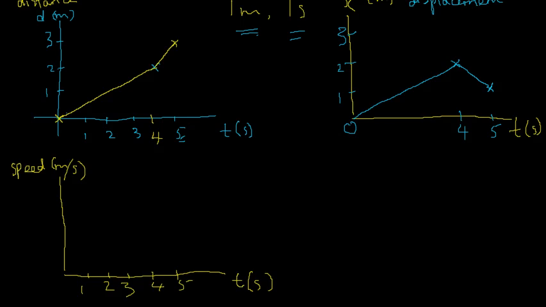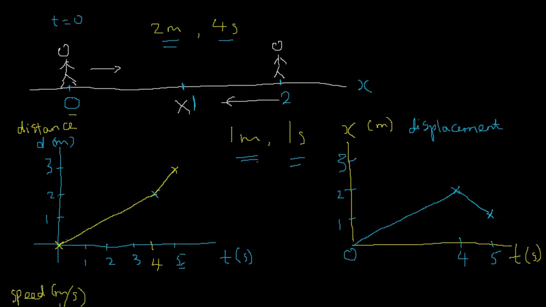Well, if we go back to the picture, you can see that in the beginning, when he started from 0 and walked for 2 meters, it took him 4 seconds. So clearly, the speed during this time must be 2 meters over 4 seconds, which is 0.5 meters per second.